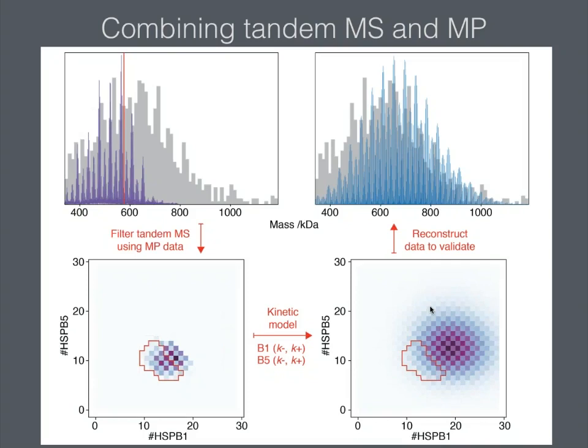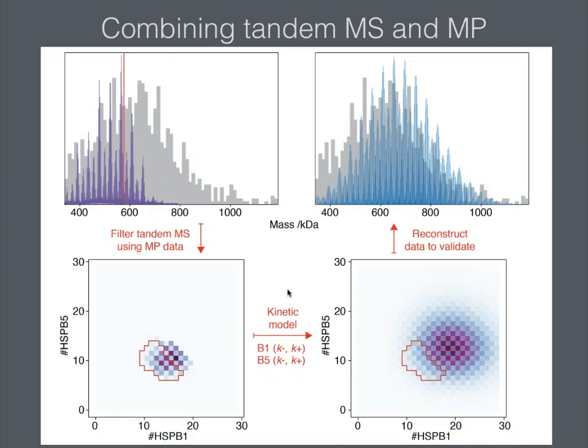And then we can ask, does that model seem reasonable? We do that by reconstructing the mass distribution that this grid gives us, which is now this light blue mass distribution here, and you can see that it overlays pretty well with the mass photometry. So in other words, we've used the mass photometry to leverage a larger space of oligomeric states that allows the kinetic model to extract values most consistent with the oligomerization of this protein.